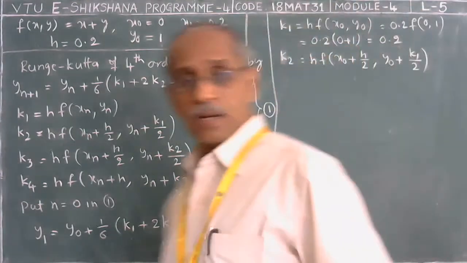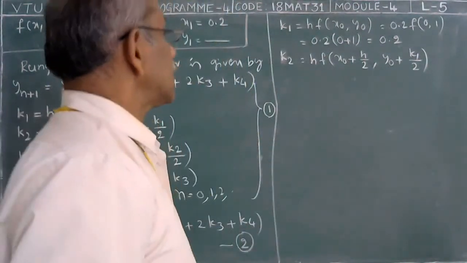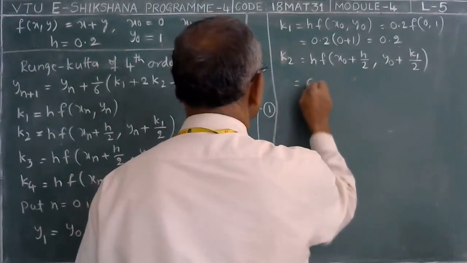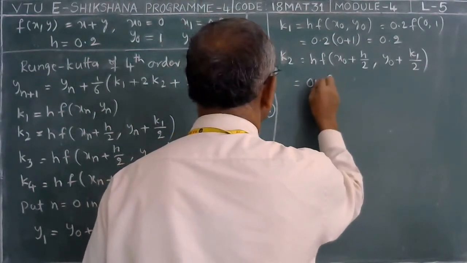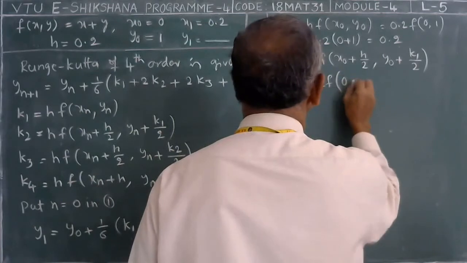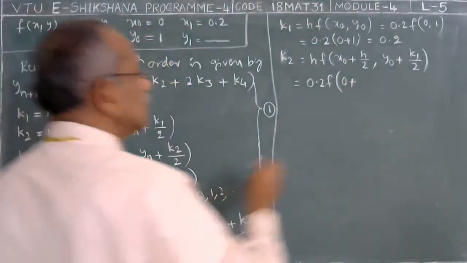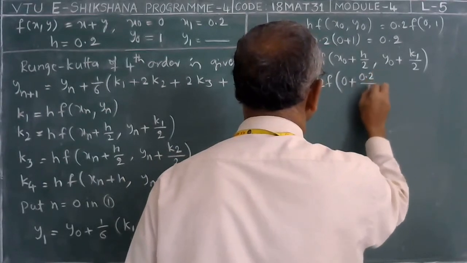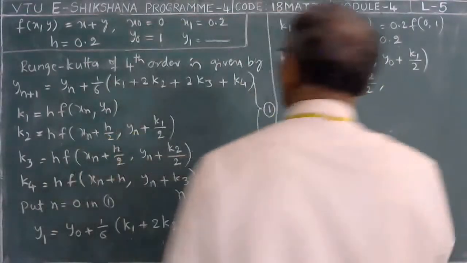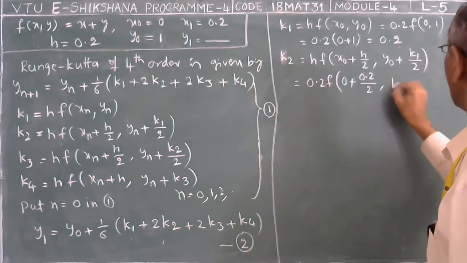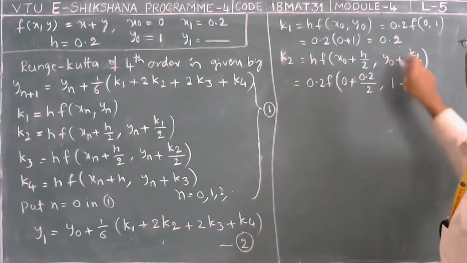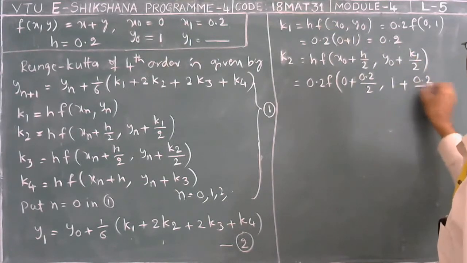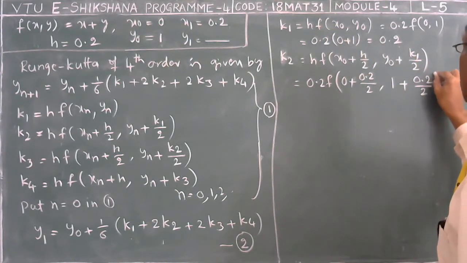Now let us substitute for x naught, y naught and k1. So k2 is 0.2 into f of x naught is 0, 0 plus h by 2, 0.2 divided by 2, comma y naught is 1 plus k1 by 2. So k1 by 2 is 0.2 divided by 2.